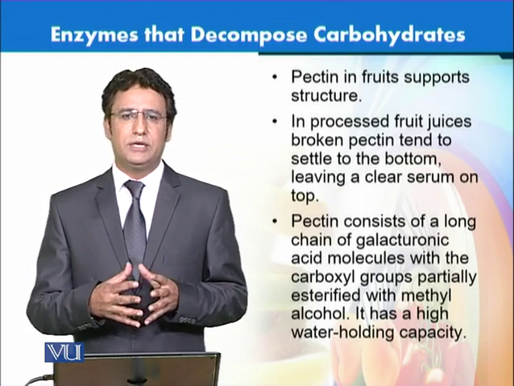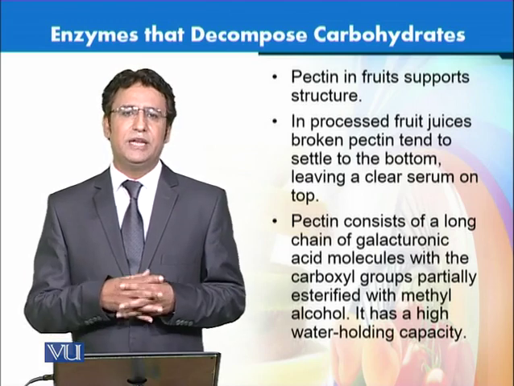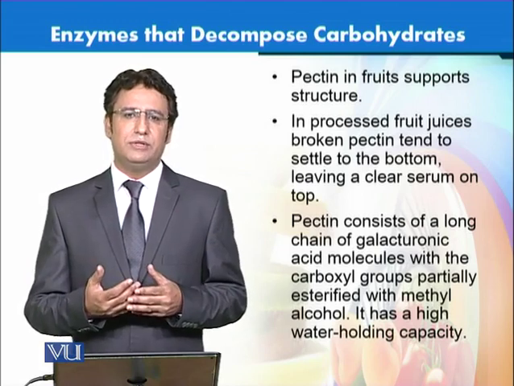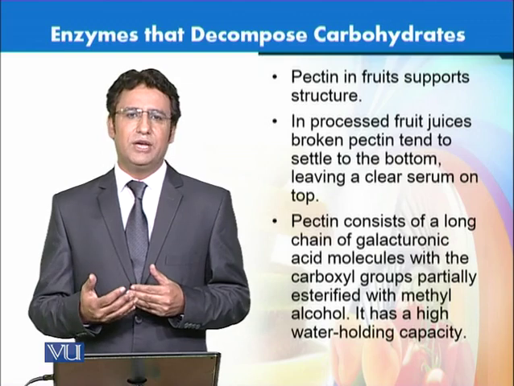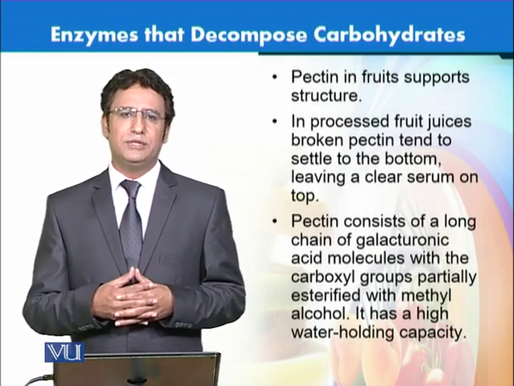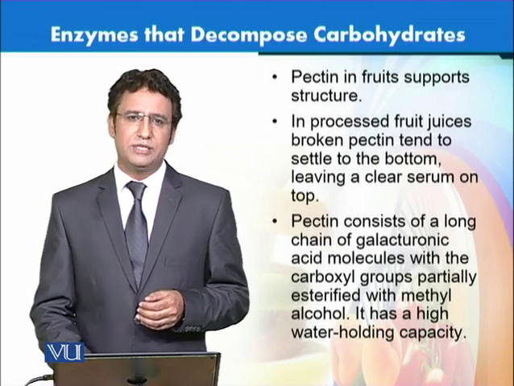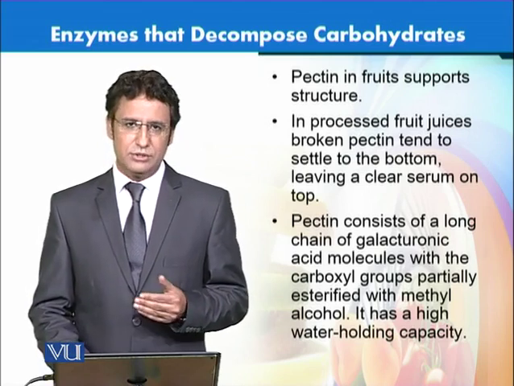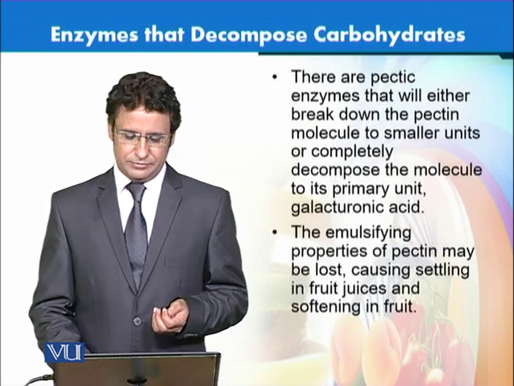So pectin has this kind of esterified structure. For example, cellulose is made up of glucose units. This happens with pectin as well. They have galacturonic acid units, and they are long chains.